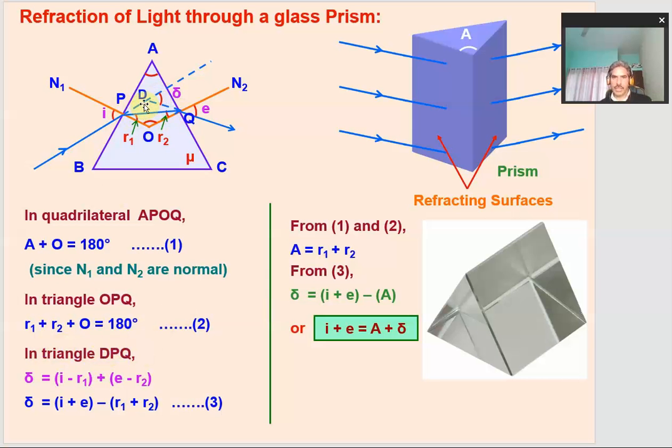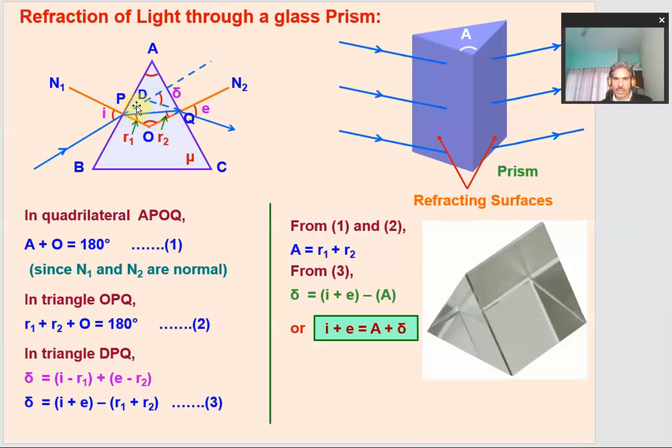For the triangle DPQ, the exterior angle delta will be equal to the sum of the two opposite interior angles. The interior angles here are DPQ and DQP.